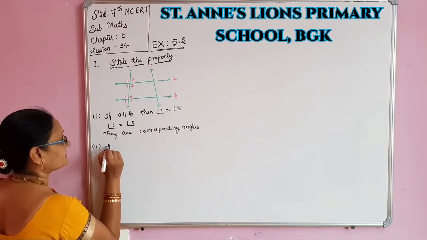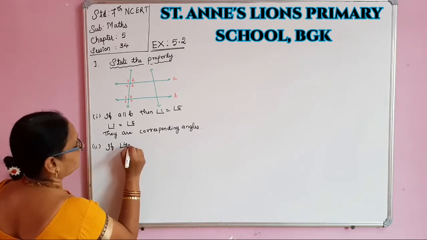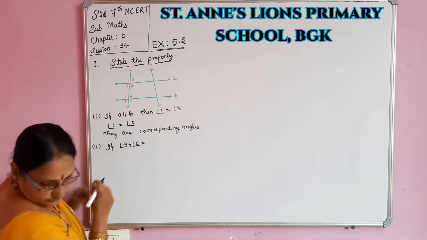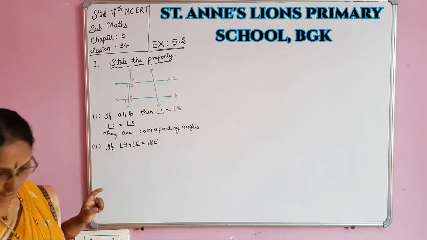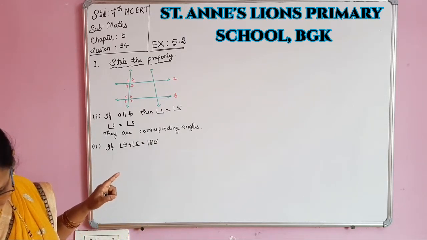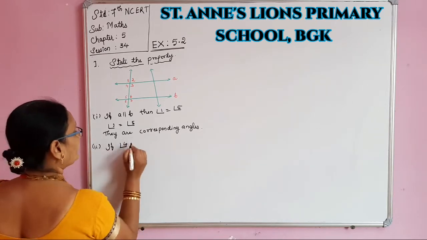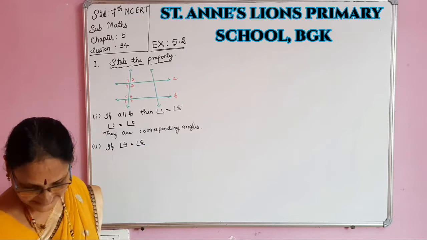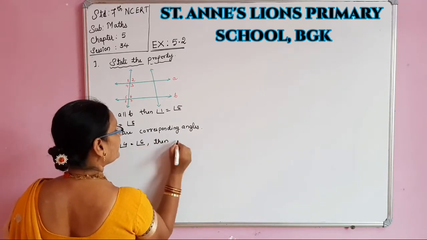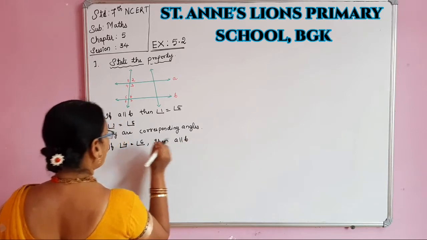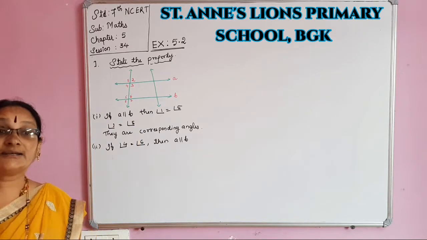Next one. If angle 4 equals angle 6, second one I must take, then A is parallel to B. If 4 equals 6, what kind of angles are these? Alternate angles.